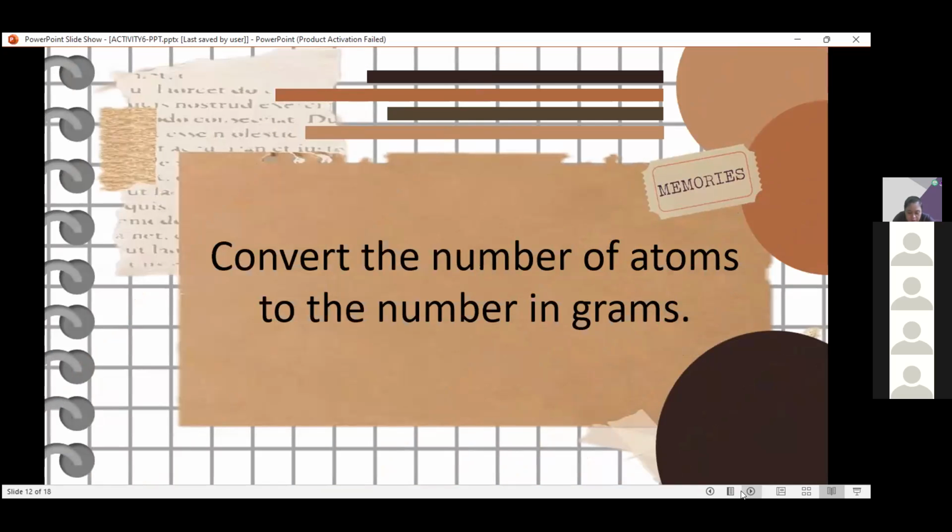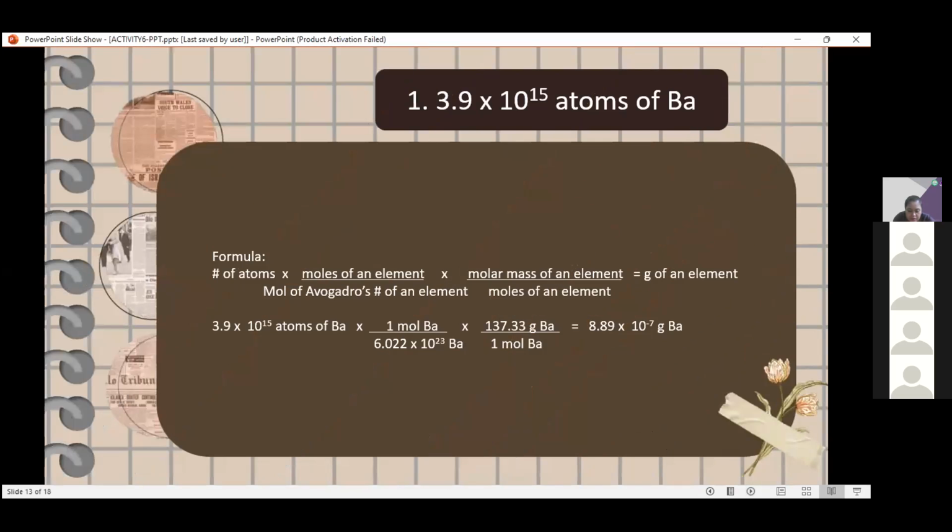Next is to convert the number of atoms to the number in grams. Number 1 is 3.9 times 10 to the power of 15 atoms of barium. So the formula is number of atoms times moles of an element over moles of Avogadro's number of an element times molar mass of an element over moles of an element equals grams of an element.